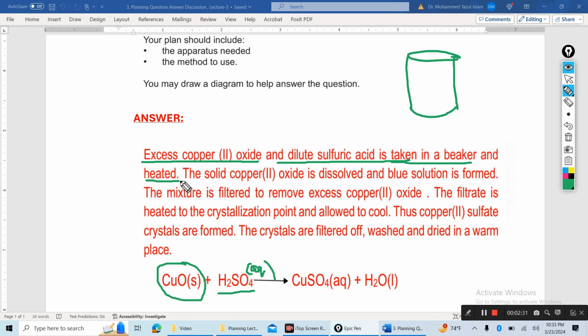First, excess copper 2 oxide and dilute sulfuric acid are taken in a beaker and you give heat.